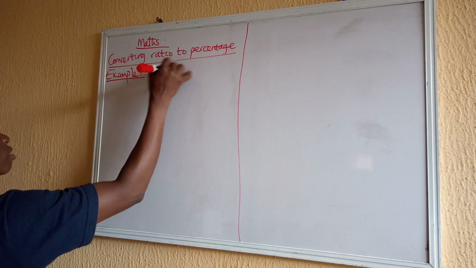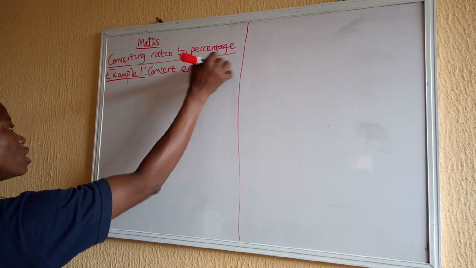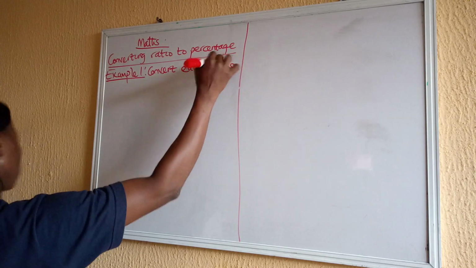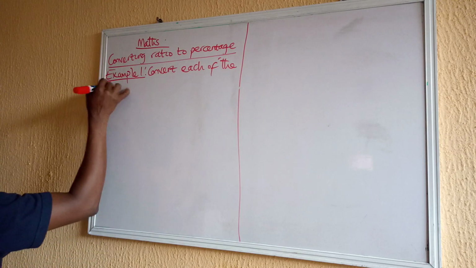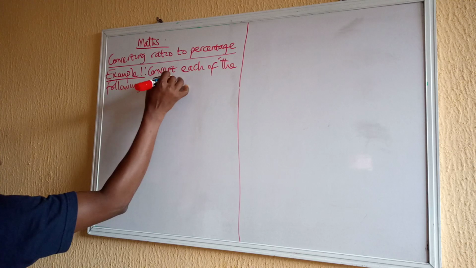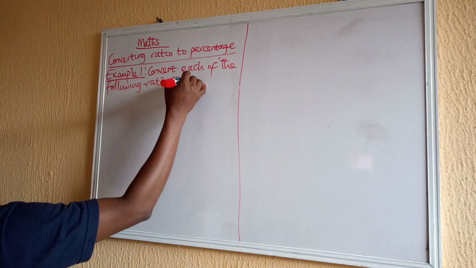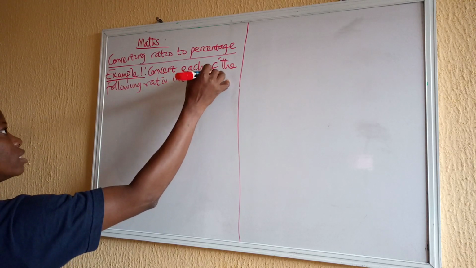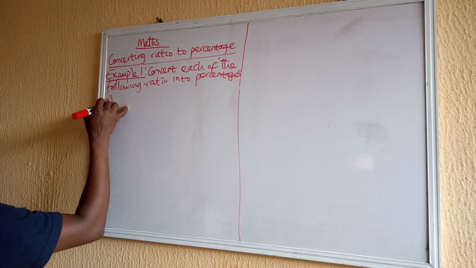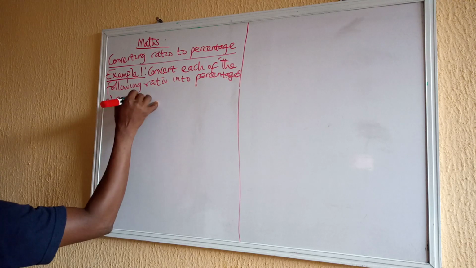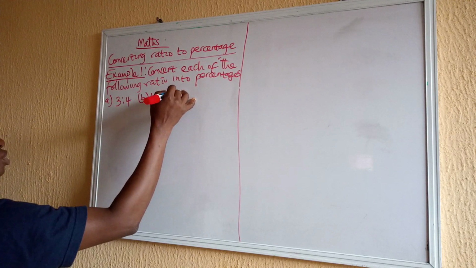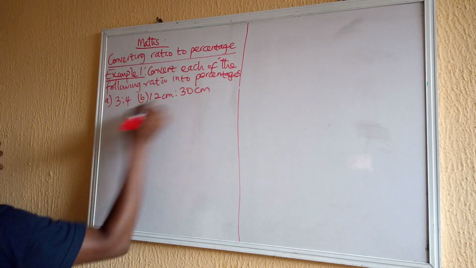Convert each of the following ratios, because it's more than one, into percentages. So A, we have 3 ratio 4. B, we have 12 centimeter ratio 30 centimeter.